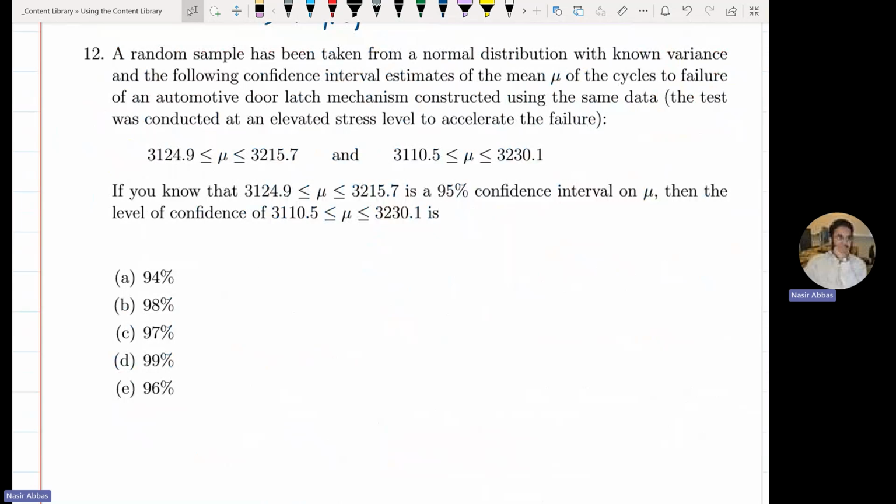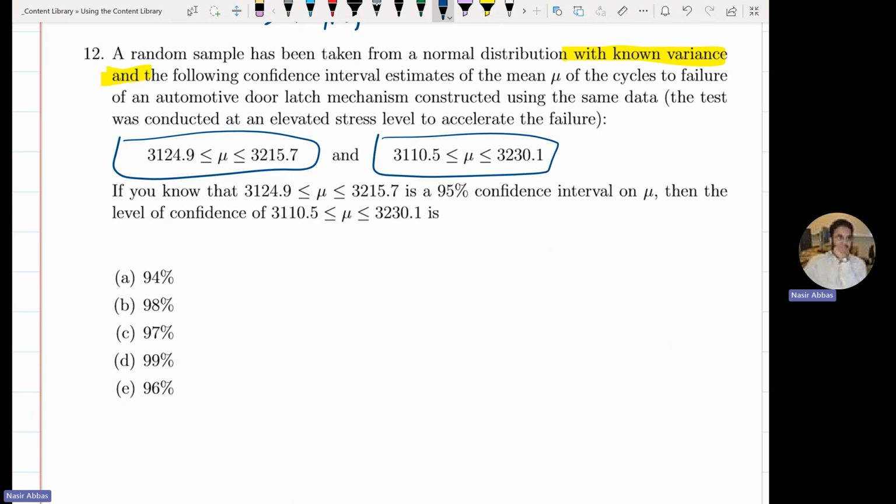A random sample has been taken from a normal distribution with known variance. Remember, this is a very interesting question again. Known variance. That means the confidence interval computed is using Z or T? Z. Remember this kind of information, known variance, unknown variance. And they computed the following confidence interval for mu. There is this one interval and there is this another interval they computed.